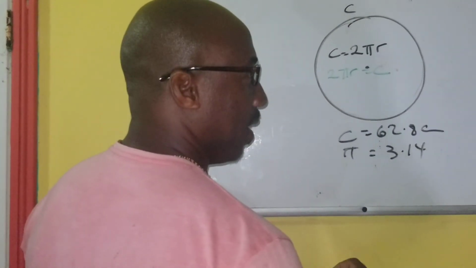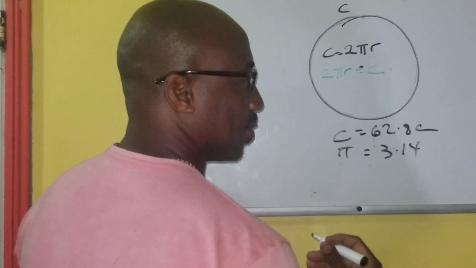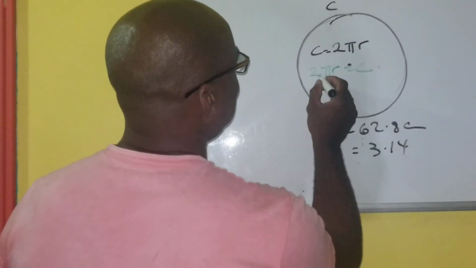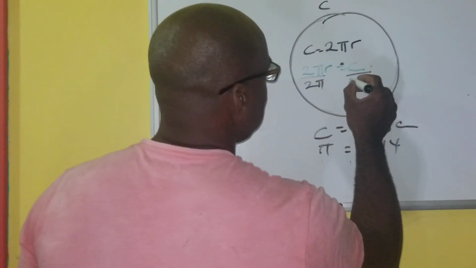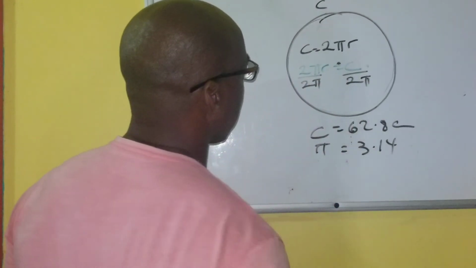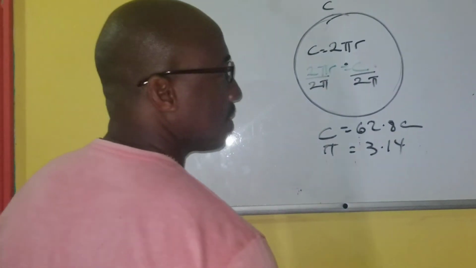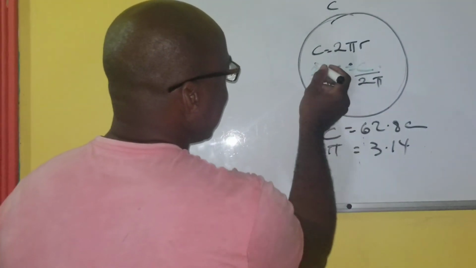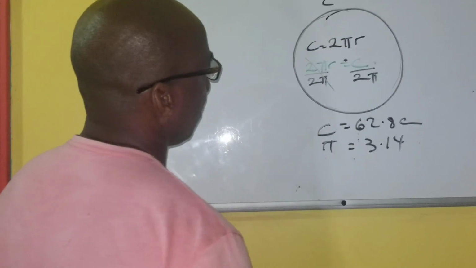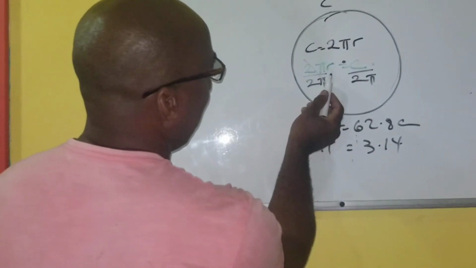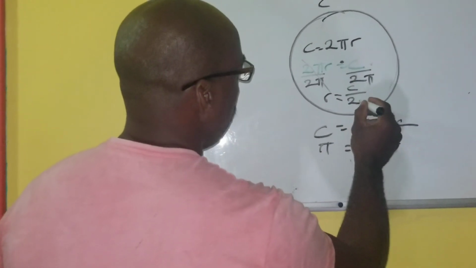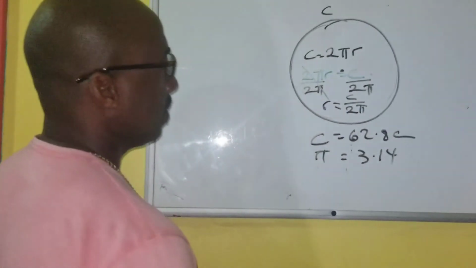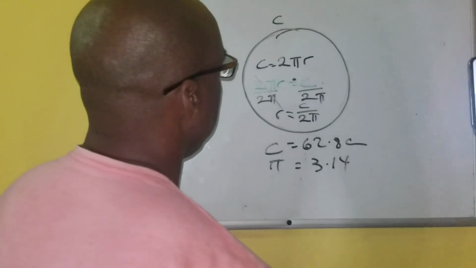To change the formula, because the opposite of times is divide, we'll divide both sides by 2 pi. Alright? Both sides by 2 pi. That's what you do. Make sense? So the 2 pi cancels off. So now r becomes what? r equals C over 2 times pi. That's now your formula. That make sense?